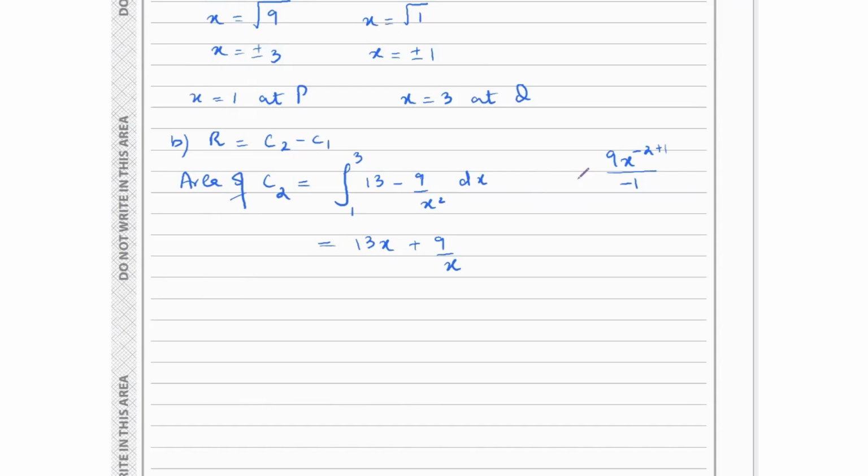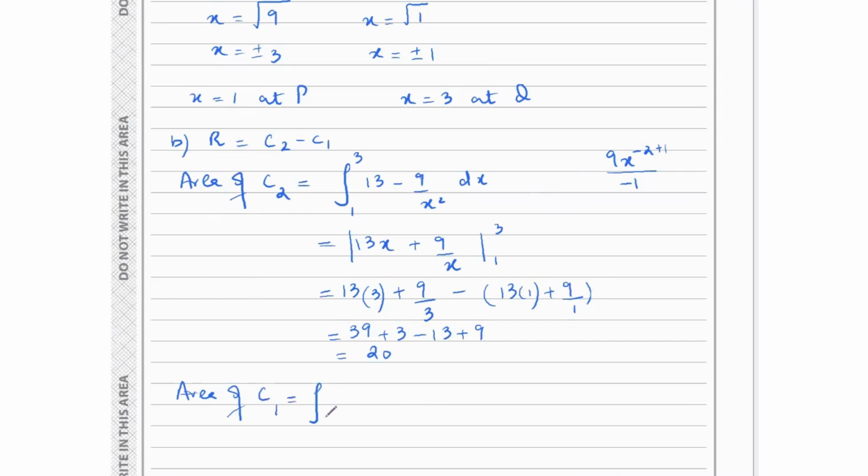So that gives us 9 over x. Limit is from 1 to 3. So 13 times 3 plus 9 over 3 minus 13 times 1 plus 9 over 1. That gives us 39 plus 3 minus 13 plus 9. That equals 20.